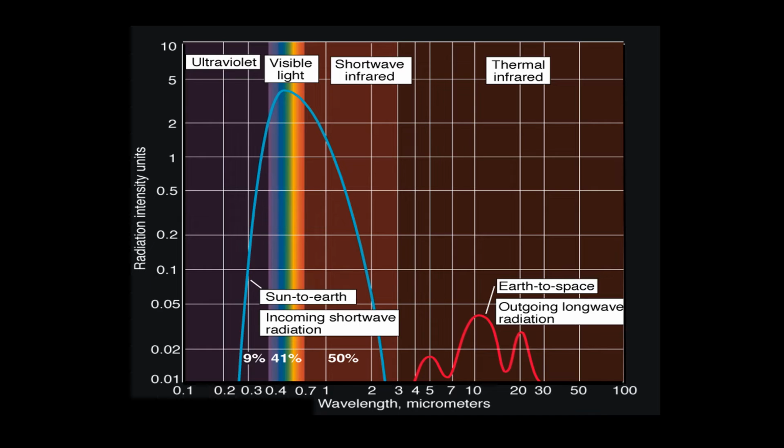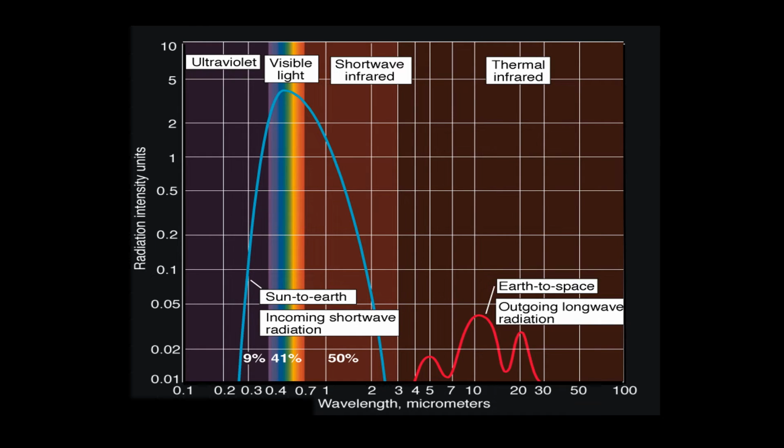The wavelengths of radiation to which the human eye is sensitive make up a fairly narrow band of the electromagnetic spectrum, which we call visible light. The wavelength of visible light is about 0.4 to 0.7 micrometer. One micrometer is equal to one millionth of a meter, so it's very tiny.